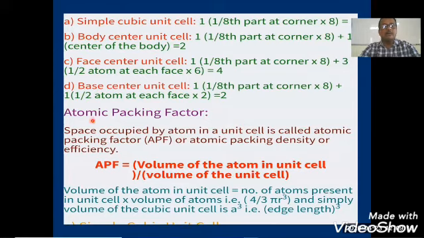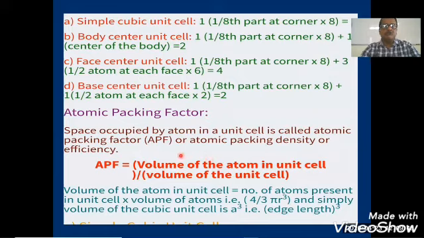How do we calculate atomic packing factor? It is the ratio between the total volume occupied by the units in the unit cell to the volume of the unit cell. So definitely the volume occupied by the atoms is less than the volume of the unit cell, so the packing factor will be less than 1.